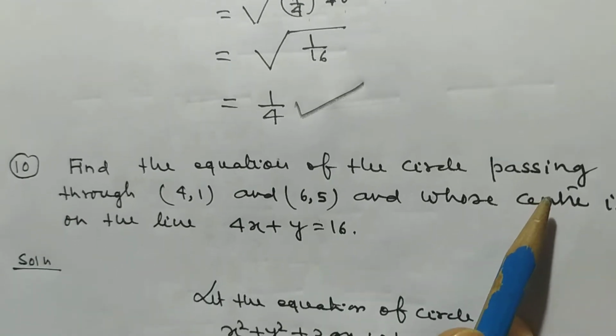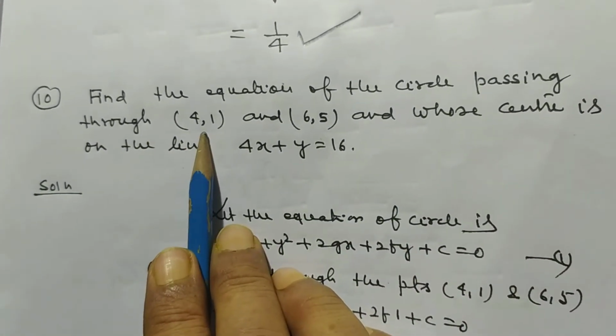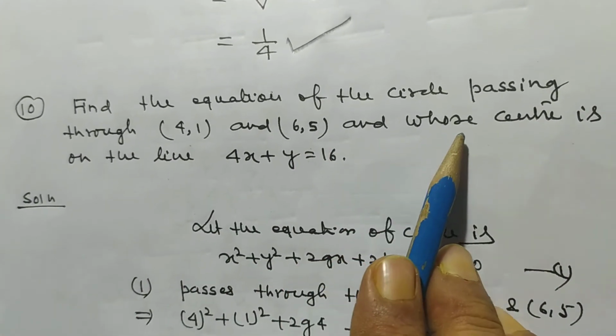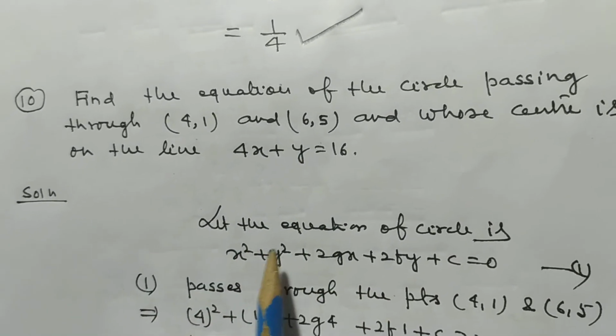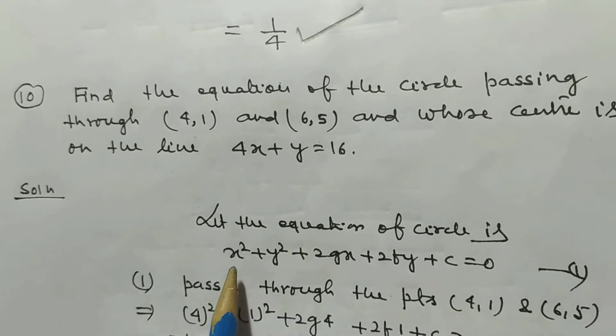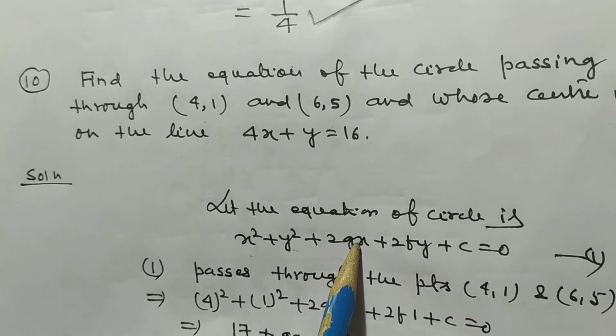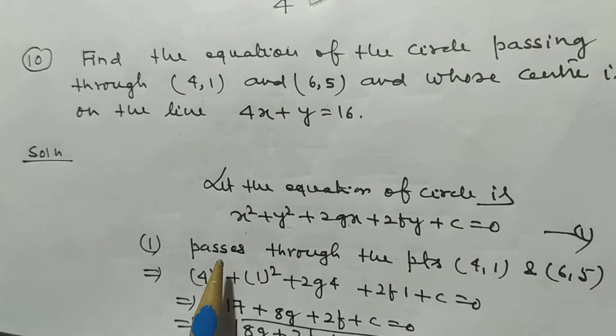Find the equation of the circle passing through (4, 1) and (6, 5) and whose center is on the line 4x plus y is equal to 16. Let the equation of the circle be x square plus y square plus 2gx plus 2fy plus c is equal to 0.